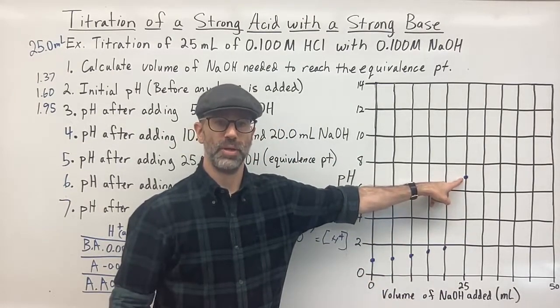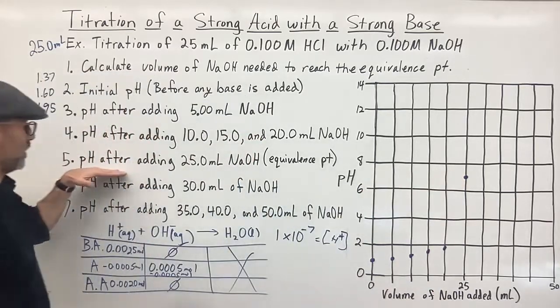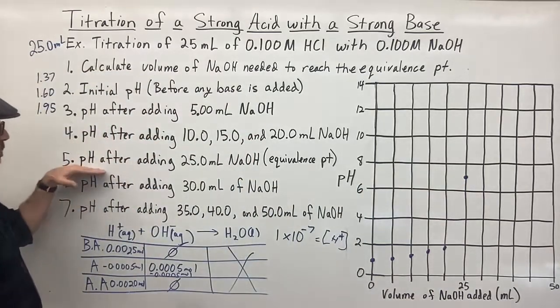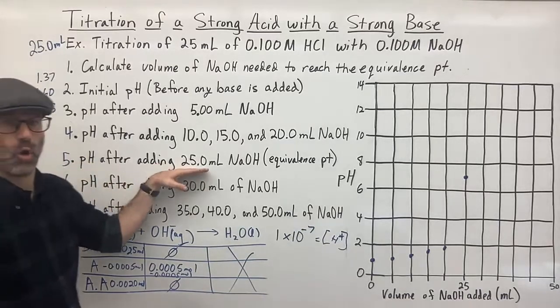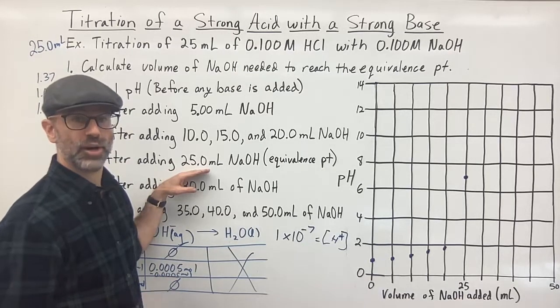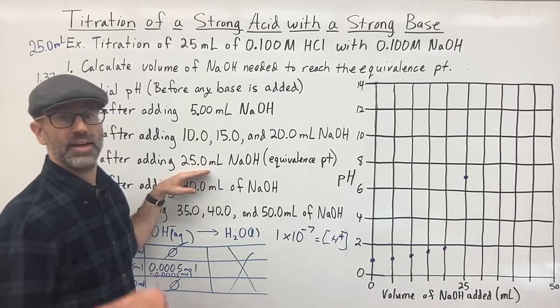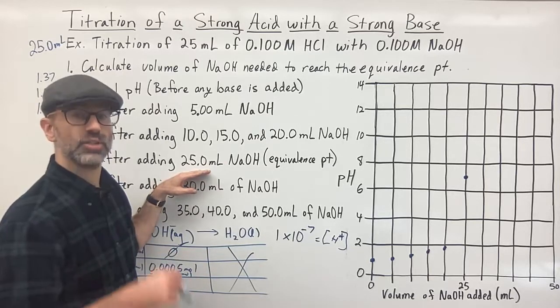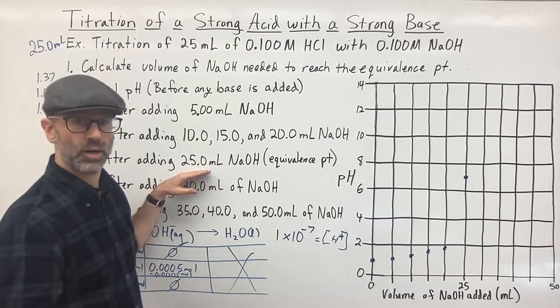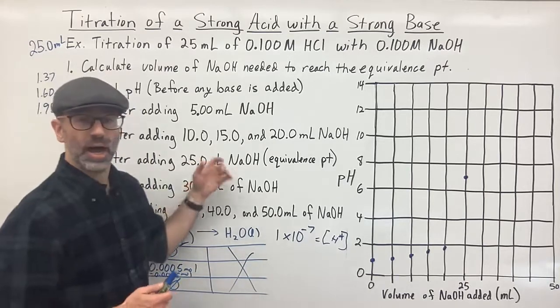So now you're up here. That's going to be the pH at the equivalence point, and that's always going to be the pH at the equivalence point when you are titrating a strong acid with a strong base. Anytime you do that, the pH at the equivalence point is always going to be the pH of water, which is 7. So at this point, I'll stop here.